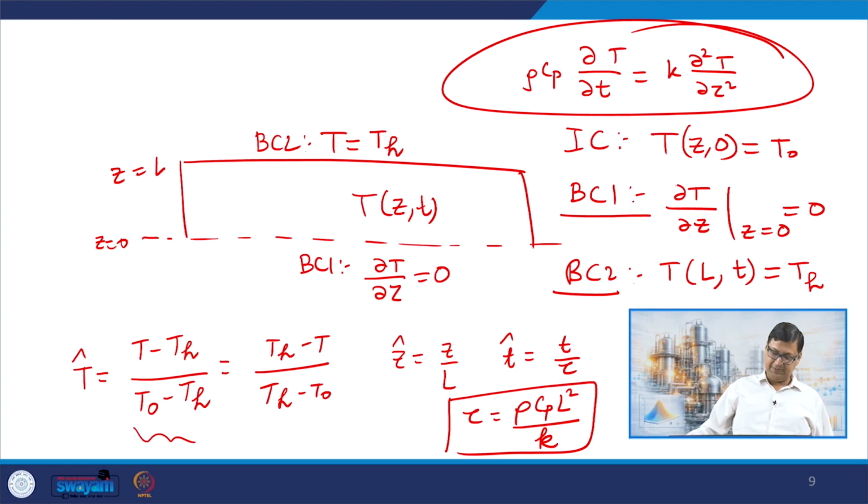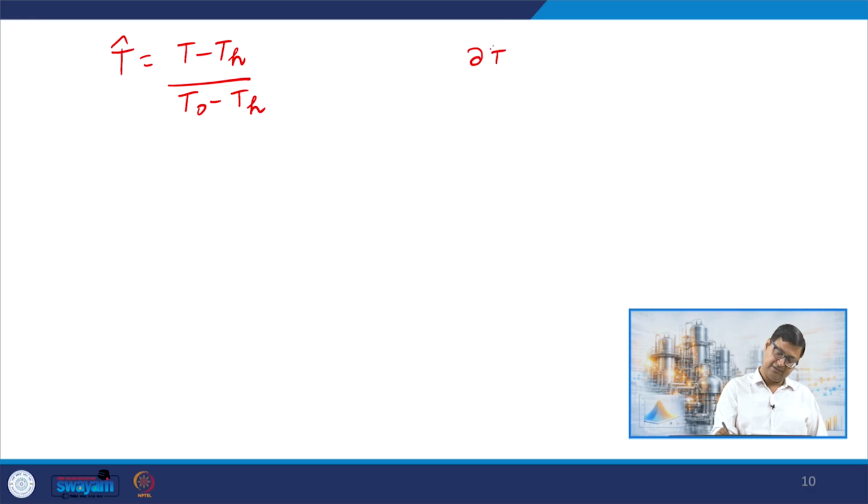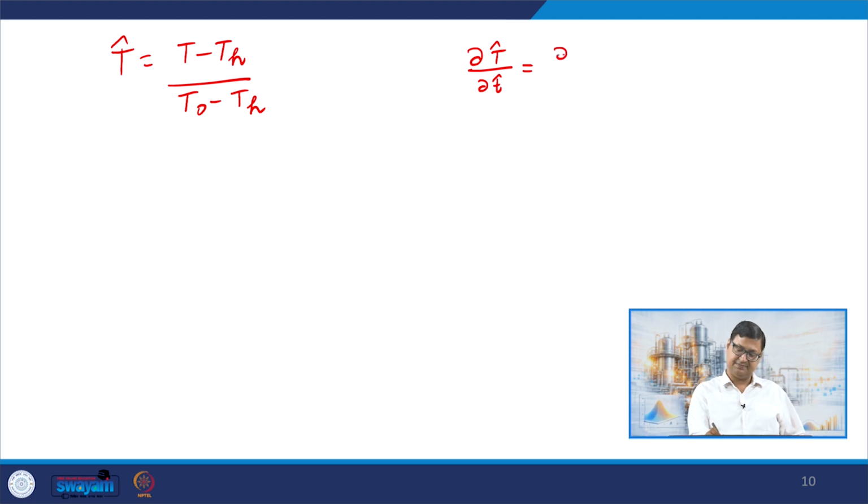Now, let me look at the dimensionless form of the initial and boundary conditions. So I have defined my T cap as T minus TH by T naught minus TH, and I have got my governing equation as something like this.